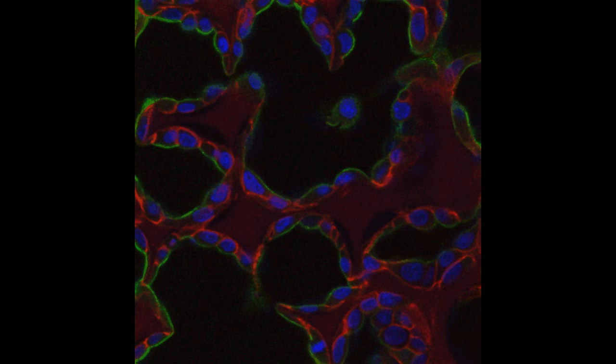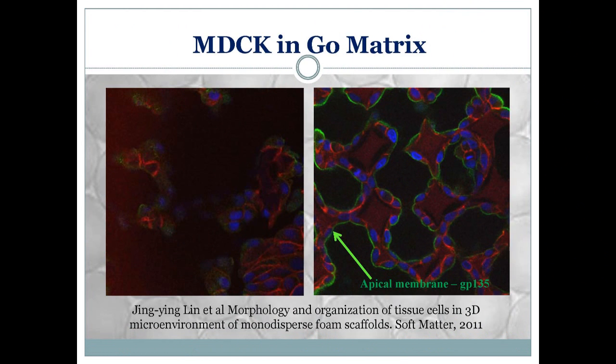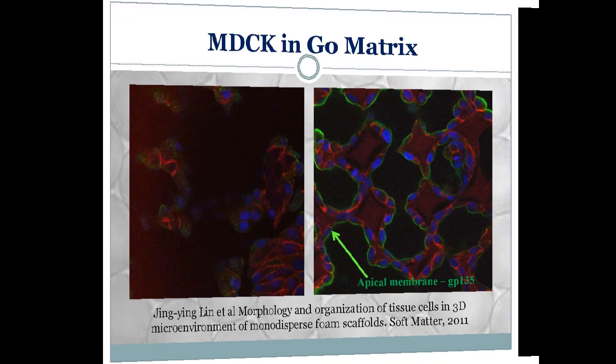The red part is basolateral membrane, which normally faces neighboring cells and substrate. Nuclei in blue. You cannot see this in 2D cell culture. Only 3D cell culture can produce such functional cells. In this case MDCK differentiates into multicellular structure of polarized cells.